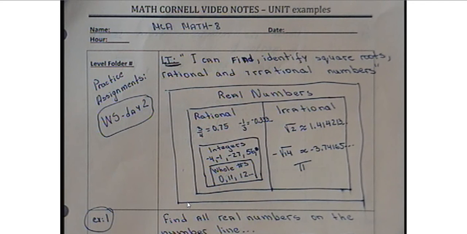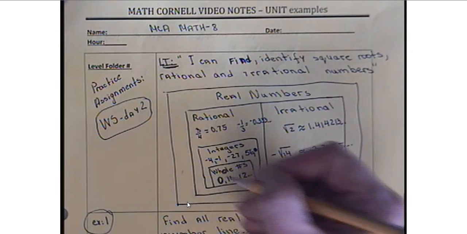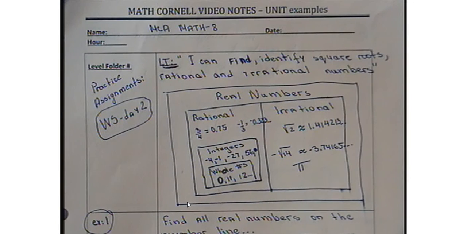There are two additional sections within rational numbers: integers and whole numbers. Whole numbers are the numbers you become familiar with first in early childhood, when you count 1, 2, 3, 4, 5, and then you add 0 to those. So with whole numbers, try to remember that there is always 0, and positive numbers.